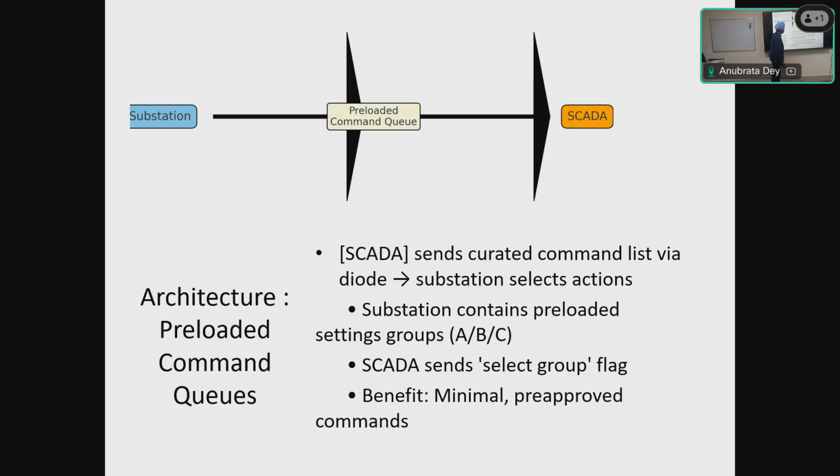The substation will contain those preloaded groups, A, B, C, whatever, you can set that up yourself. The benefit is minimal, pre-approved commands. Depending on how you want to set it up, this is probably one of the easiest ways to provide some level of cybersecurity in this case.